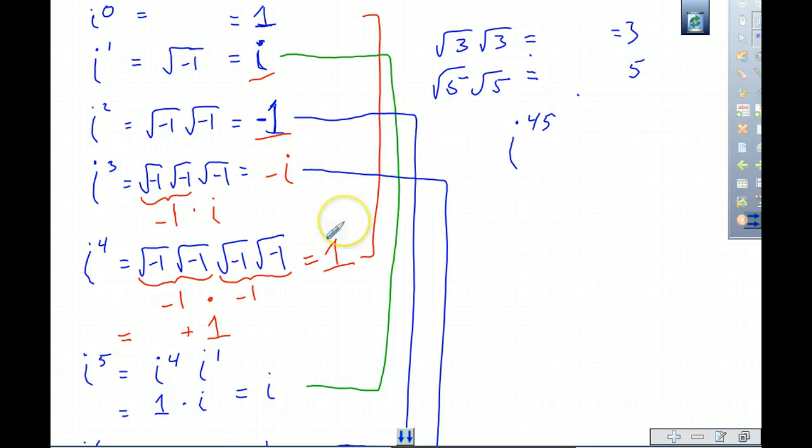So what I can do is remove out all the full cycles. Every time it goes through, I can take them all out and see how many i's are left over. So, the question is, with 45, how many times does this whole cycle repeat? 11, right? So I go around 4 times.